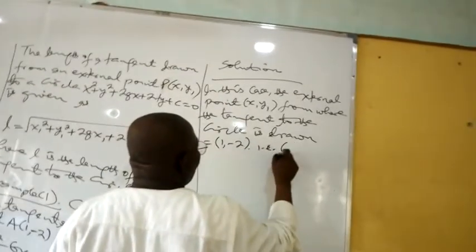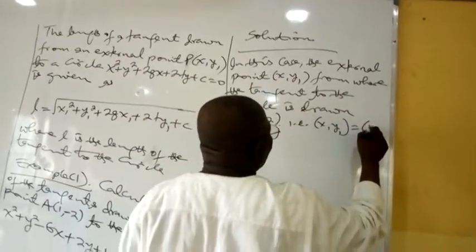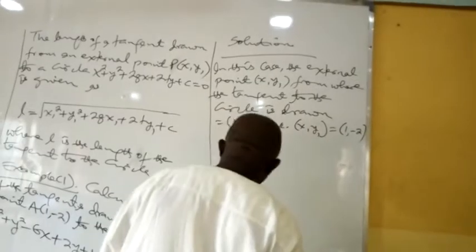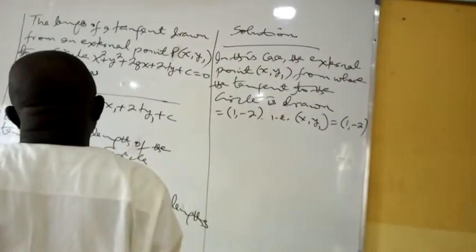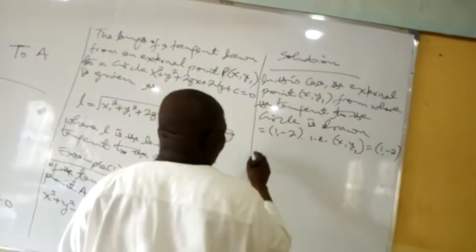Our x1, y1 in this case is 1 minus 2. Now, formula.